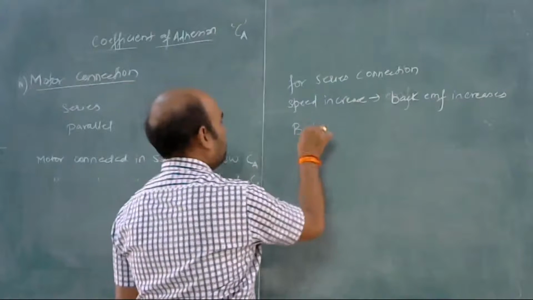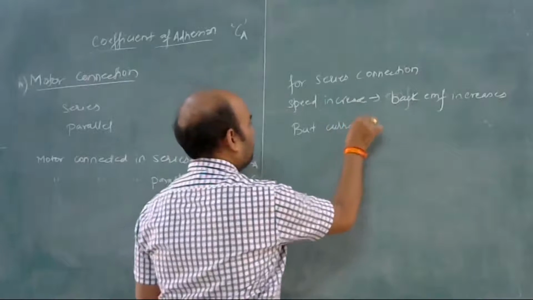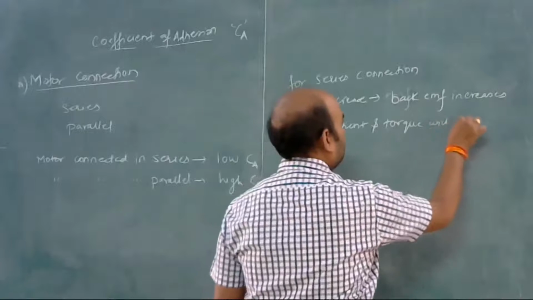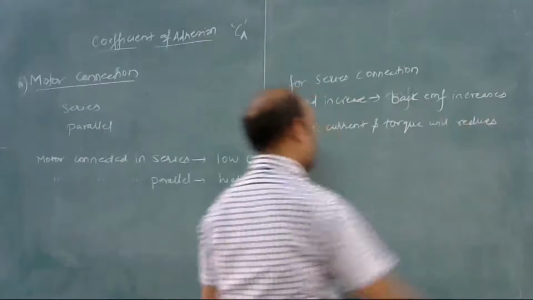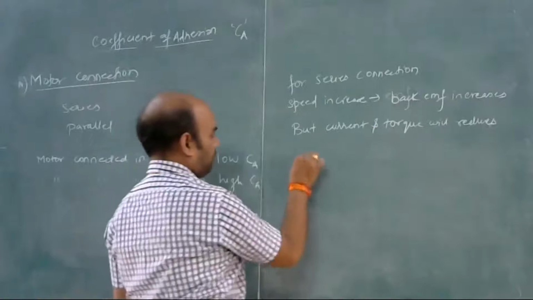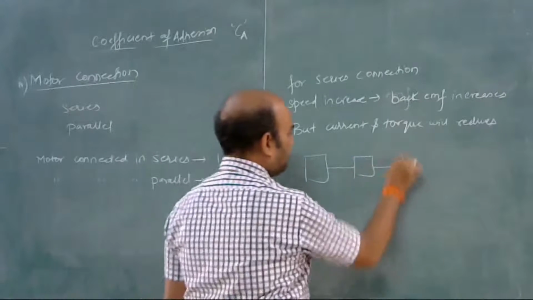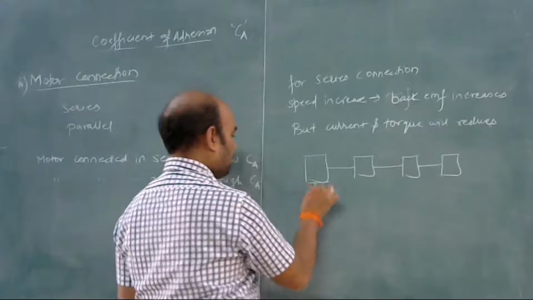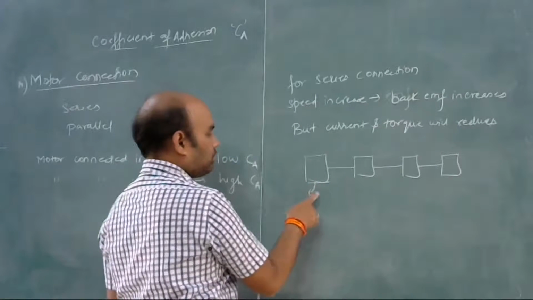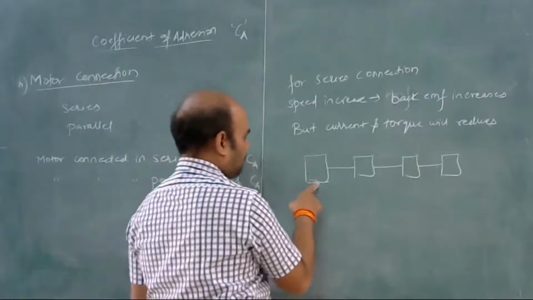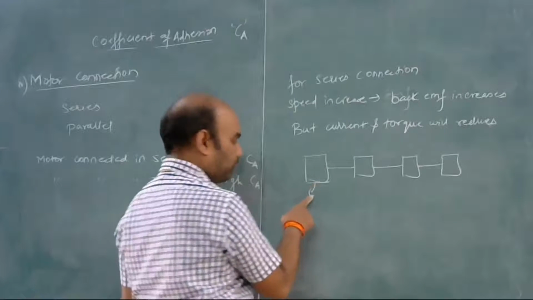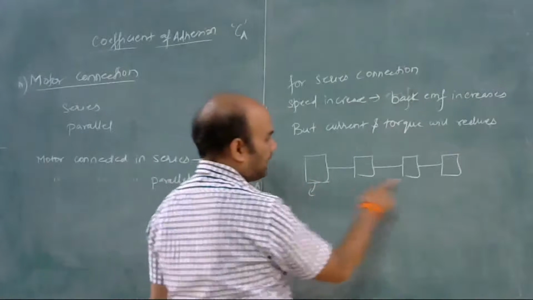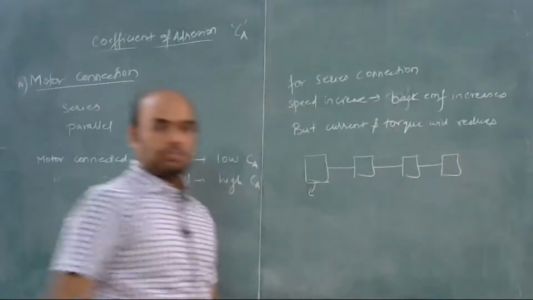The current and torque will reduce of all the motors. Okay, so if all the motors are connected in series and there is a slip of the wheel connected to this motor, it will reflect to all the motors.